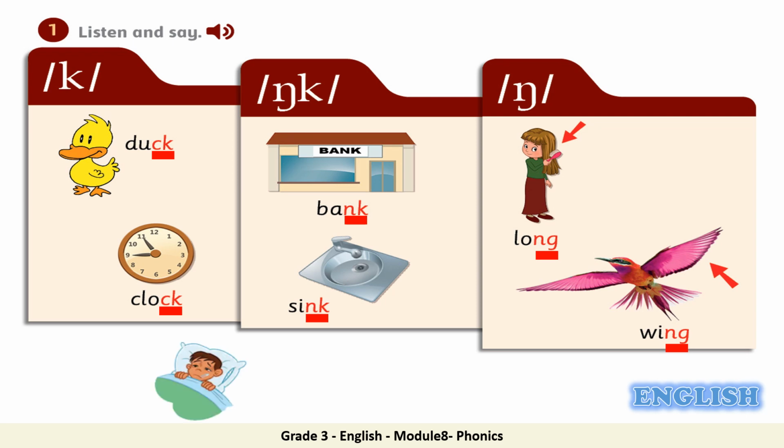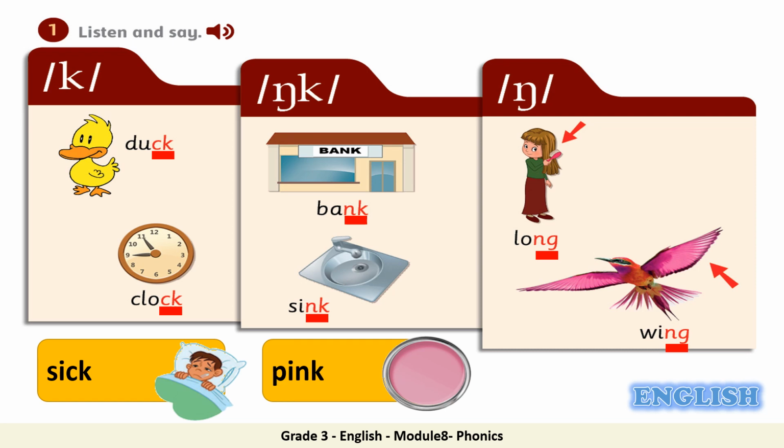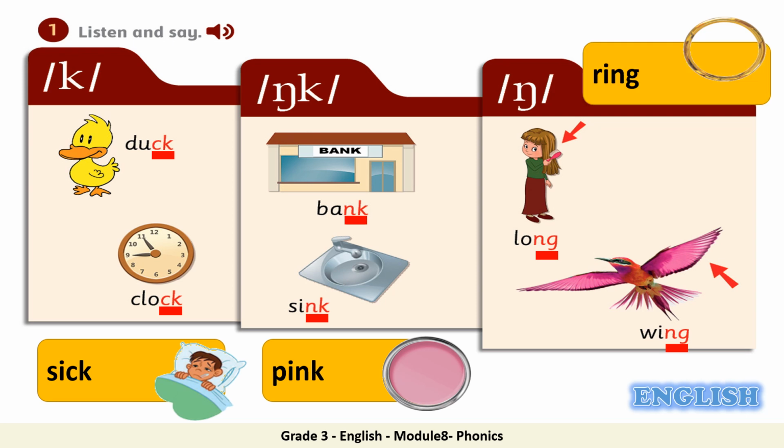Can you label this word? Sick. Well done. What about this one? Pink. Excellent. And this one? You can put it on your finger. What do you think this is? It's a ring. Excellent. These are more words that have these three digraphs.